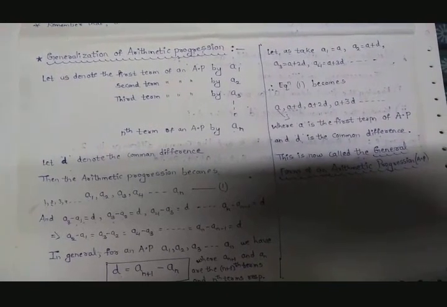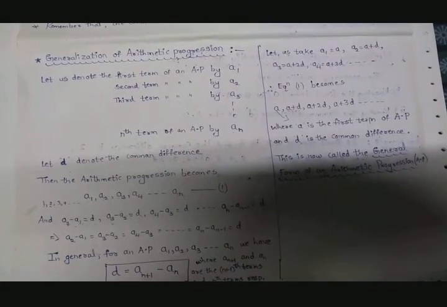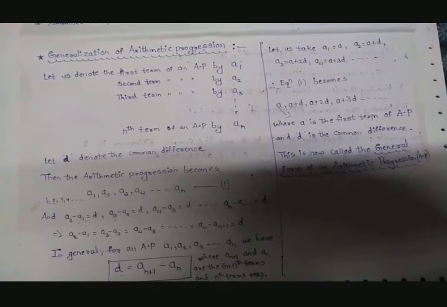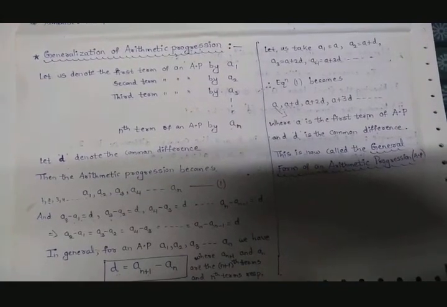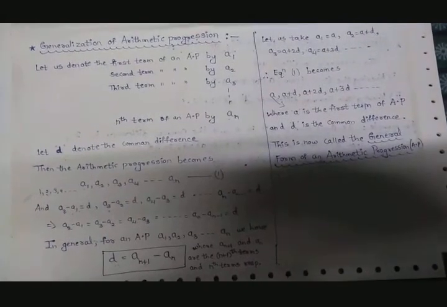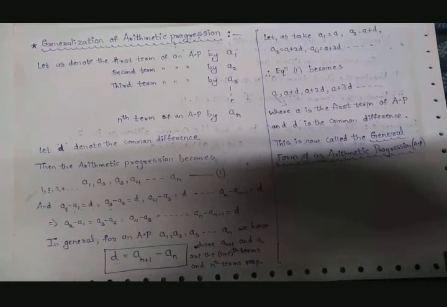Right? And we know that the common difference is given by subtracting the first term from the second term, and so on. Third term minus second term, fourth term minus third term, and so on. Right? So we get the expression for the common difference, which is nothing but d equals an+1 minus an.